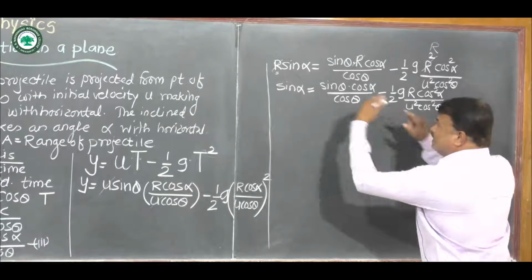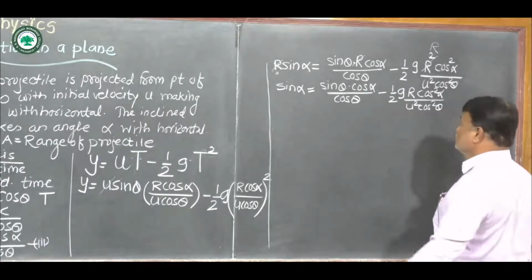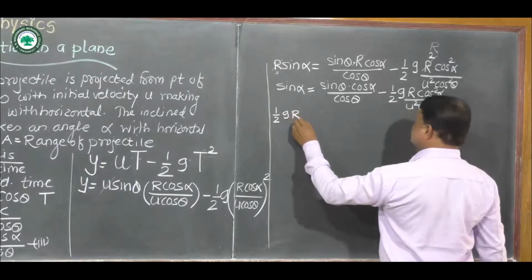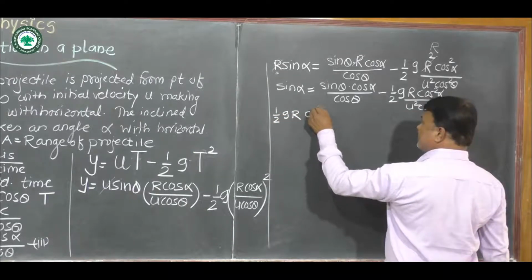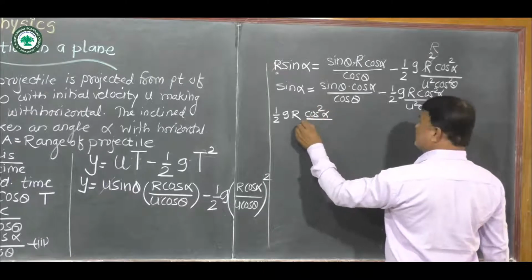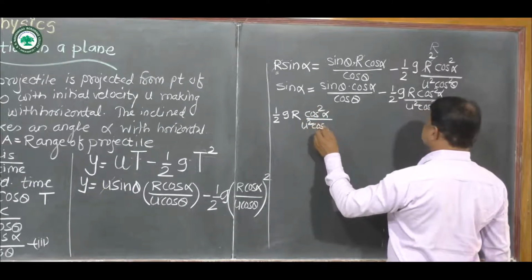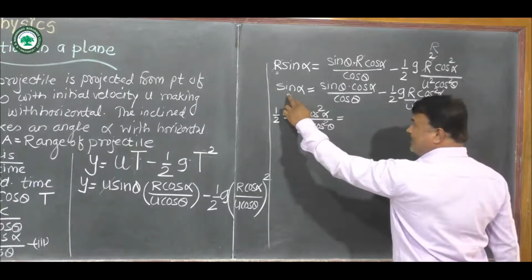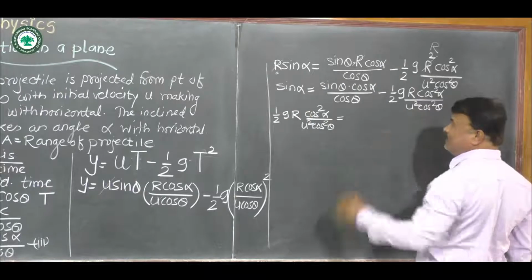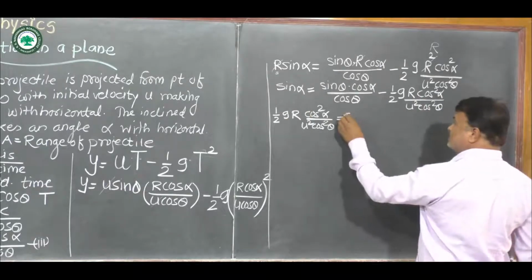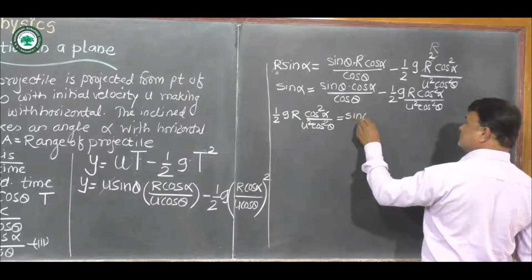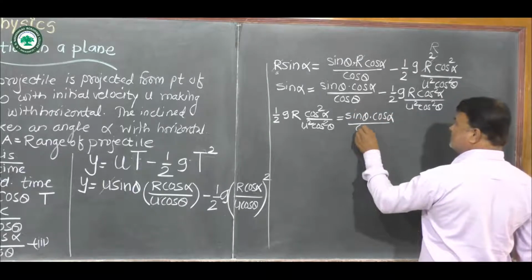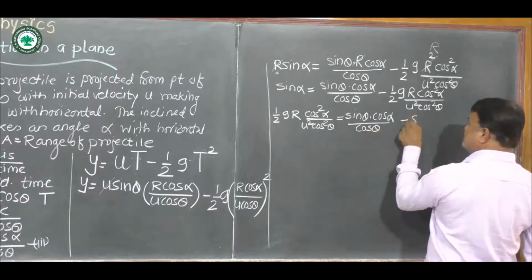Now this minus on that side will become plus. So we write here half g into r cos square alpha upon u square cos square theta equal to sin theta into cos alpha upon cos theta minus sin alpha, since sin alpha moves to the other side with a minus sign.